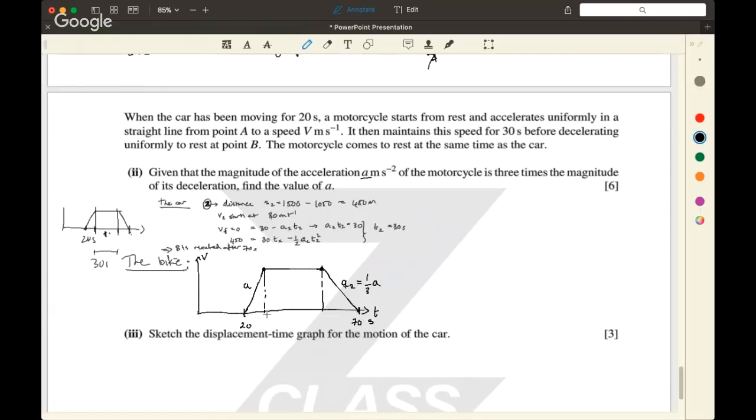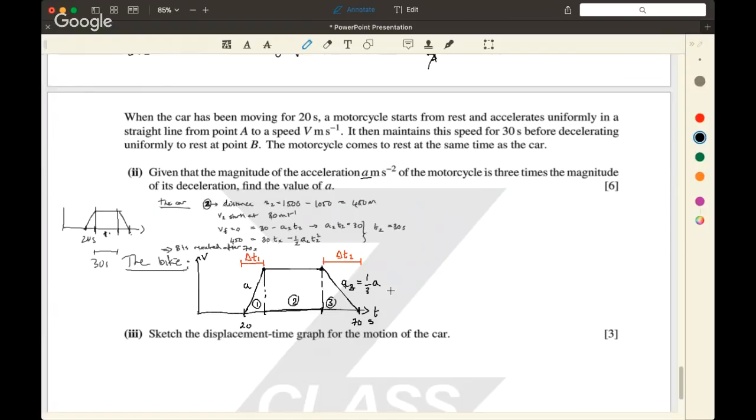Because it spends 30 seconds here, we can figure out, let's call this period of time delta t1, and this period of time delta t2. I'm going to divide this into region 1, region 2, and region 3. And actually, I'm going to change that to be A3.